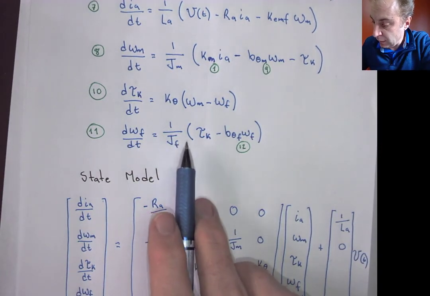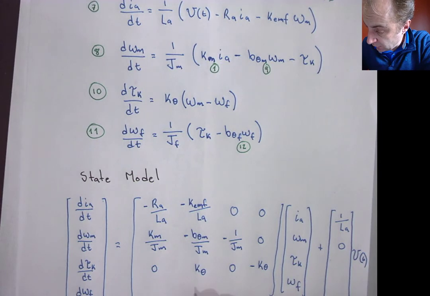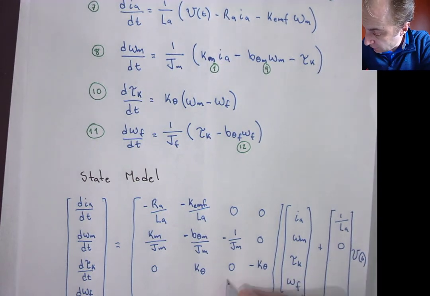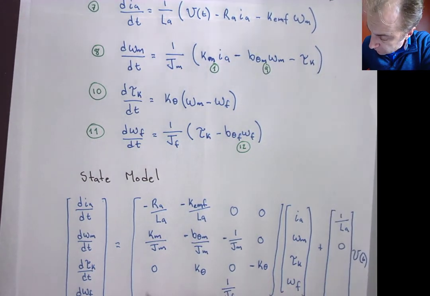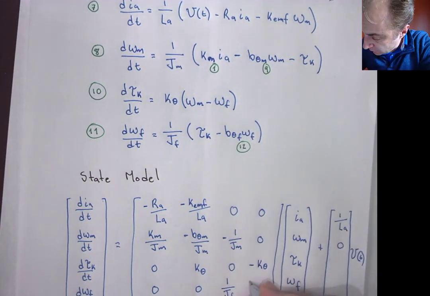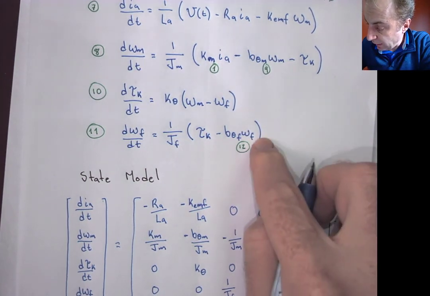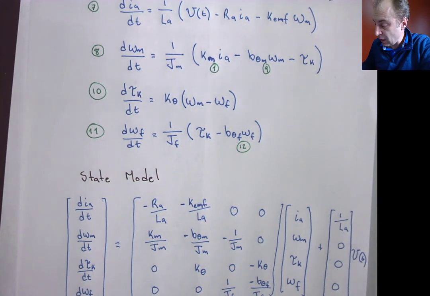And the last one is 1 over J_f times τ_k, so that's here 1 over J_f, this is 0, 0, and then we have minus B_θf over J_f that multiplies ω_f, and then these ones here should also be equal to 0.